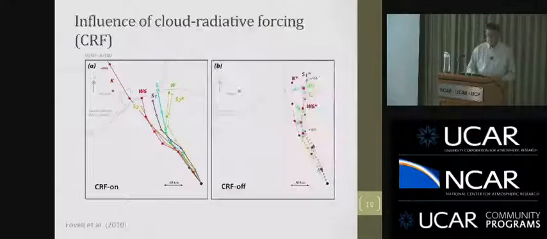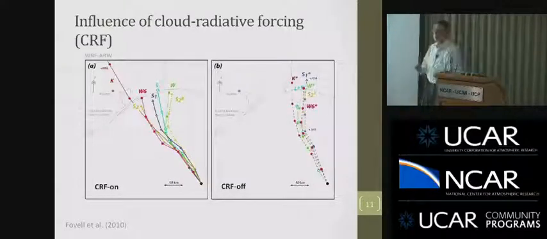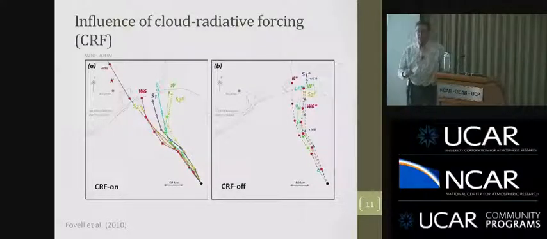Okay, but to my surprise, I discovered that if I turned off cloud radiative forcing, the interaction of hydrometeors with radiation, it didn't matter how much graupel or snow or cloud ice a microphysics scheme produced anymore. Okay, so basically I discovered this by going through the namelist, going through the model, trying to make things as simple as possible, but no simpler, and trying to see what I can possibly turn off.